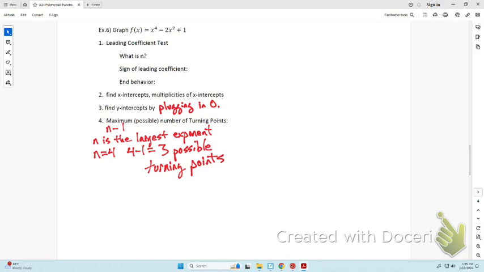Lead coefficient. We already said 4 is n. But remember, more importantly, it is even. Then you take the sign in front of it, and it's positive. So then you go to your end behavior chart, and that means it is going up on the left and up on the right.